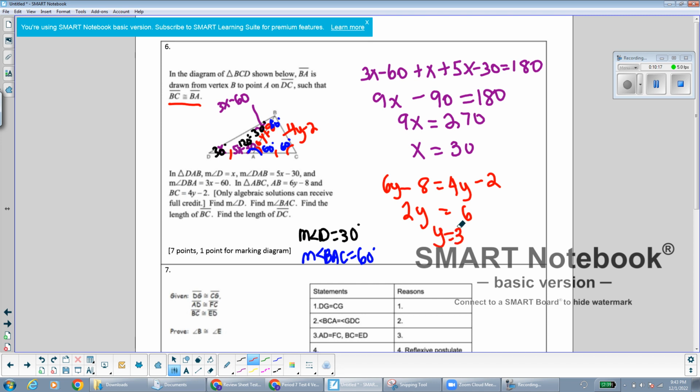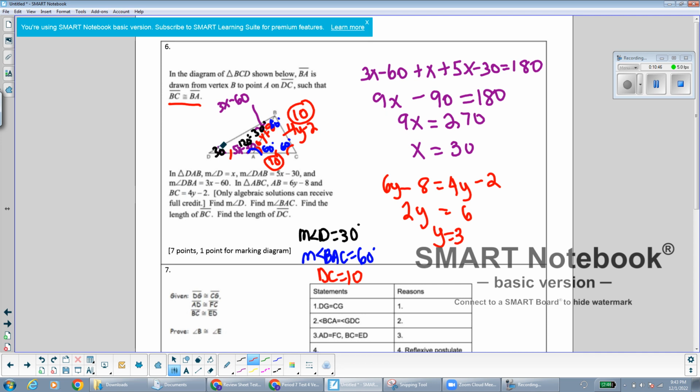So now to find BC, I'm just going to plug in my y value to 4y minus 2. 4 times 3 is 12, minus 2 is 10. So BC is 10. And we said this triangle here, ABC, is equilateral, so all the sides are 10, so AC is 10 as well. And then guess what? We said that triangle DBA is isosceles with the two equal angles, and the equal sides across from the equal angles.